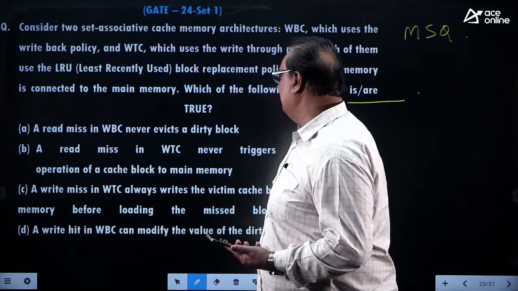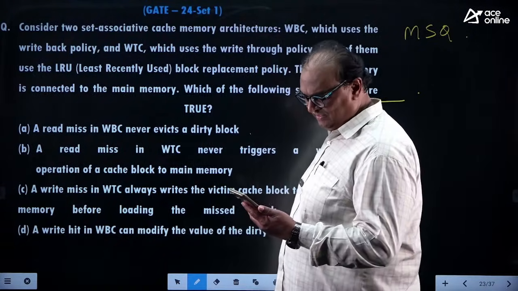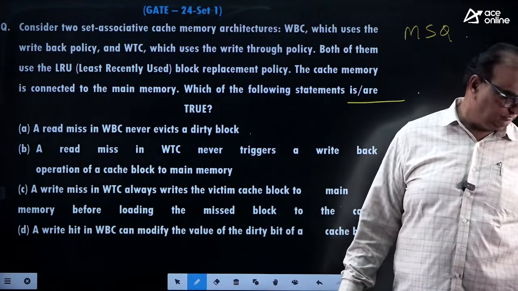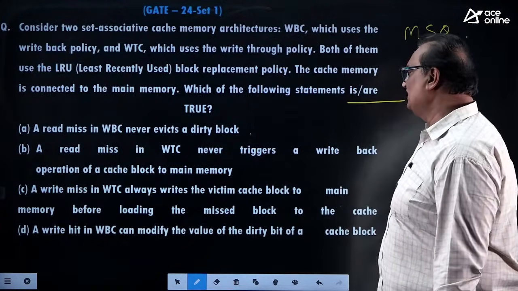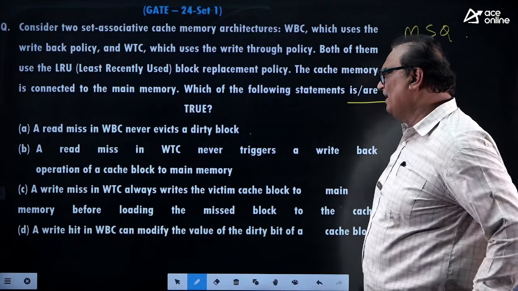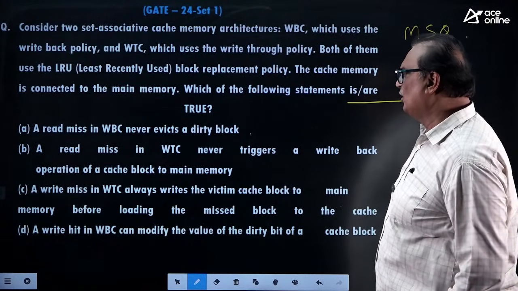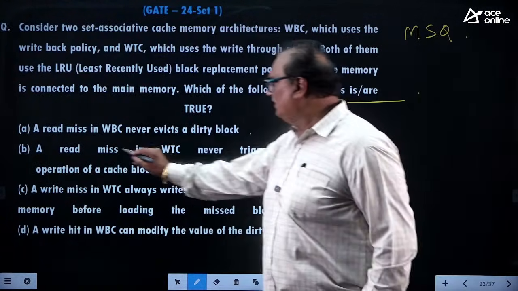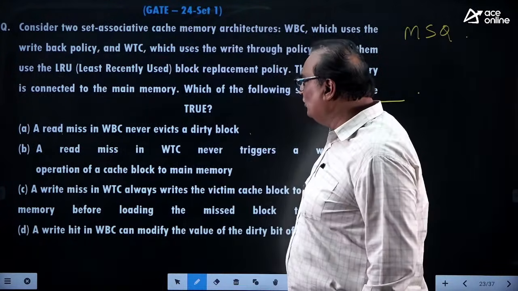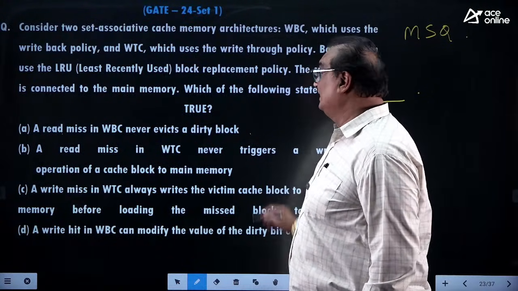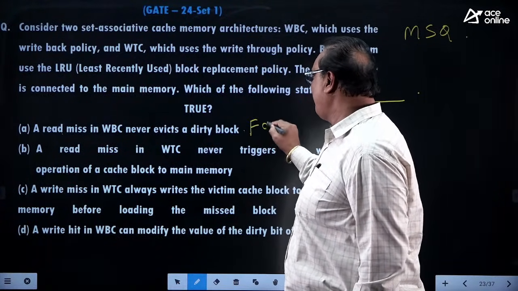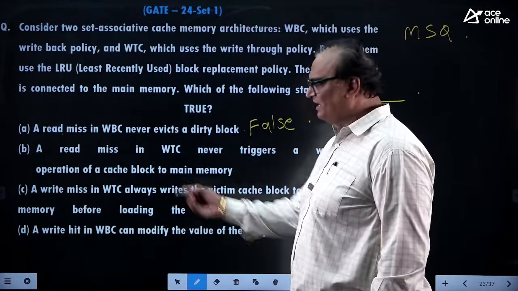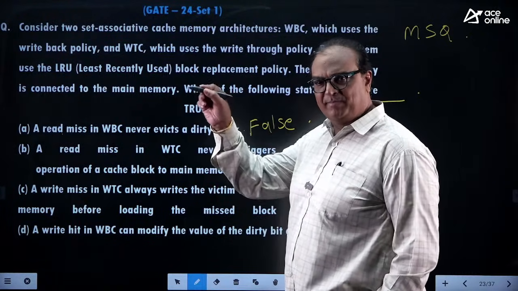A read miss in WBC never evicts a dirty block. Tell me, is it true or false? It is false. Why? In a write back cache, when a miss has occurred, a new block is compulsorily mapped from main memory to cache memory.